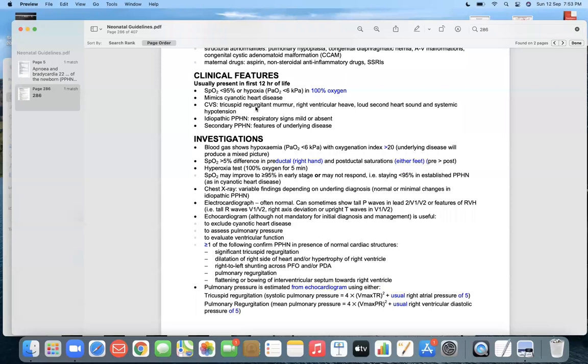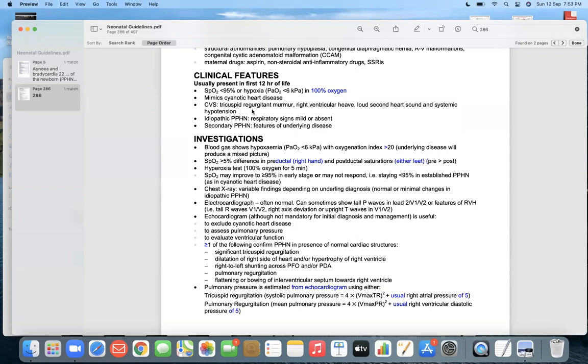CVS: tricuspid regurgitation murmur, right ventricular heave, loud second heart sound, and systemic hypotension. In idiopathic PPHN, respiratory signs may be mild or absent. In secondary persistent pulmonary hypertension, there are features of the underlying disease.